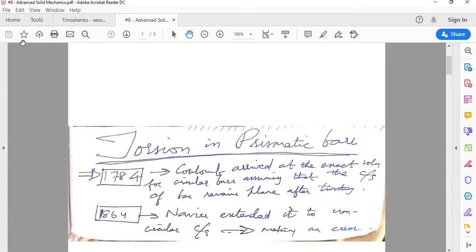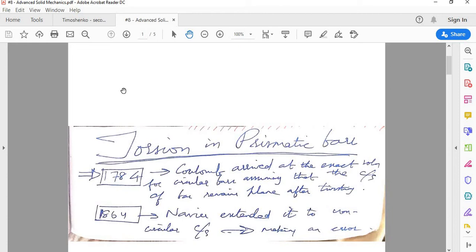Now let us discuss the salient aspects of torsion. Torsion is something all of you know what it is, right? So you might think, what is so complicated about torsion? The thing about torsion is, if you are taking a circular cross section, the study of torsion is simple.